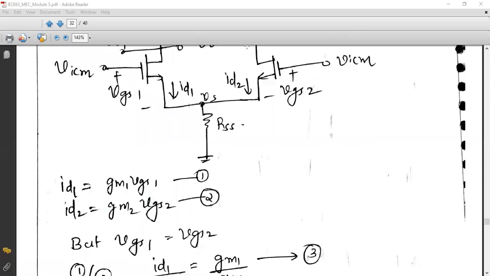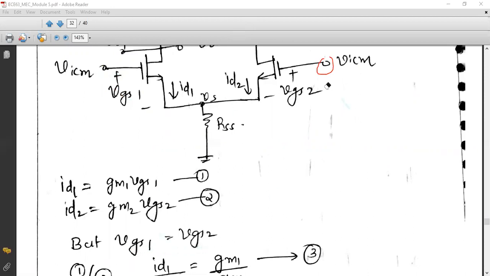Now, as far as the circuit diagram is concerned, the gate terminals are fed with a common signal, VICM, and the source terminals are short circuited, which means VGS1 is equal to VGS2, because the gate is common and the source is also common. As both junctions share the common terminals, you can write VGS1 equal to VGS2.